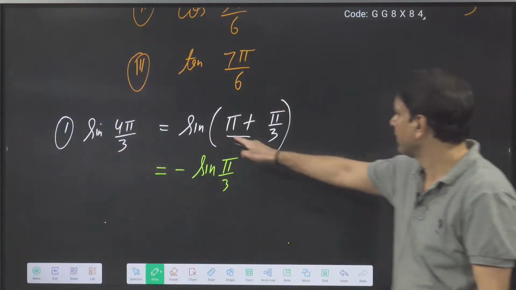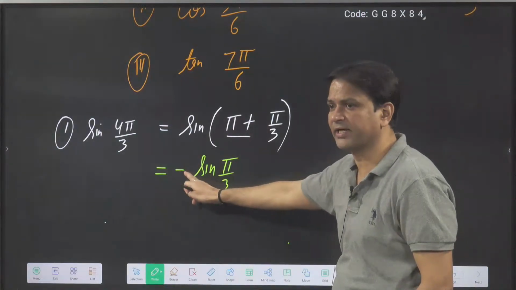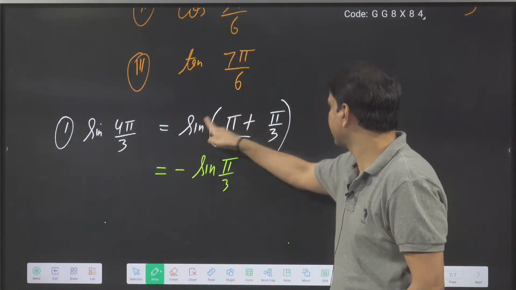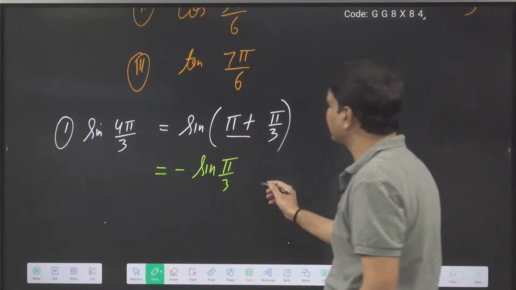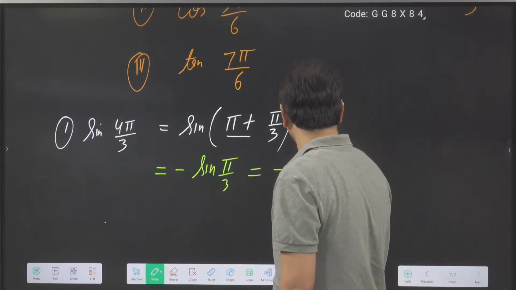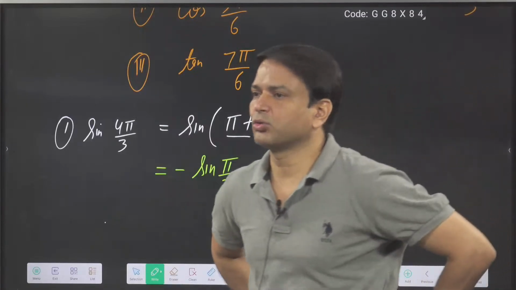So pi plus means third quadrant, sign is negative, I put the negative sign, and then their role is over. Then directly I write sine pi by 3, and sine pi by 3 means sine 60. Sine 60 value is root 3 by 2. So sine 4 pi by 3 is equal to minus root 3 by 2.